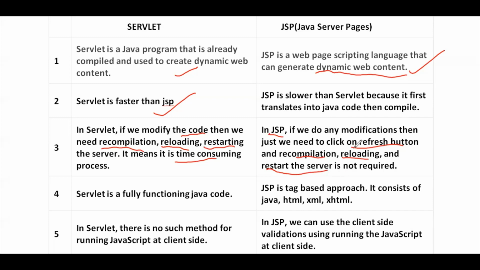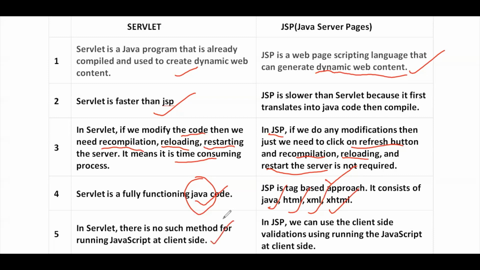Next is servlet is a fully functioning Java code, and JSP is a tag-based approach. So it consists of Java, HTML, and XML codes in it. Next difference is in servlet there is no such method for running JavaScript at the client side.